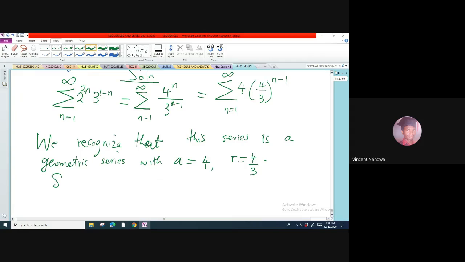Now, since r is greater than 1, the series diverges. So it's a divergent series.